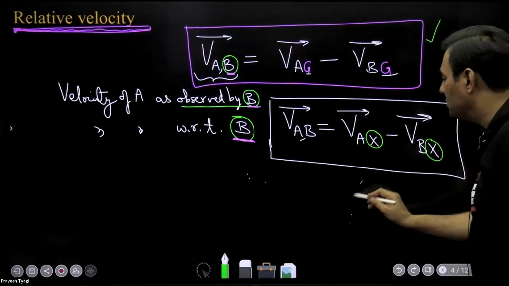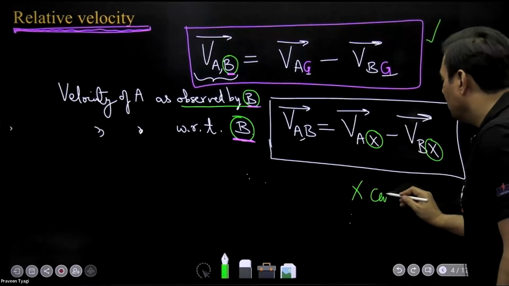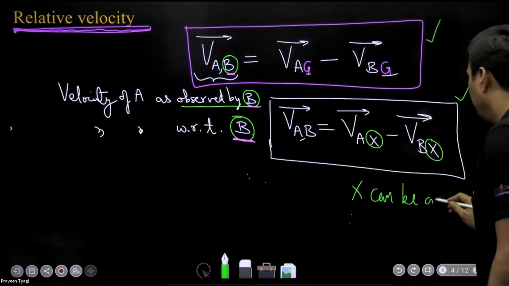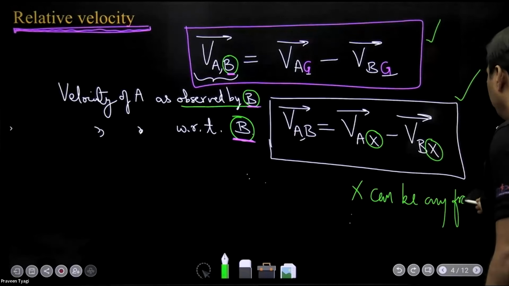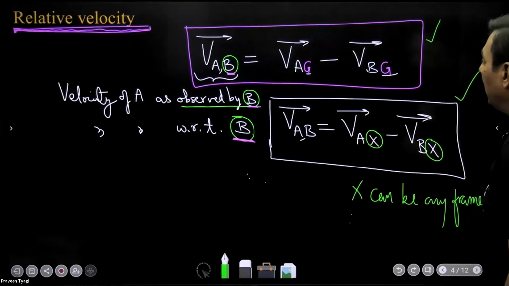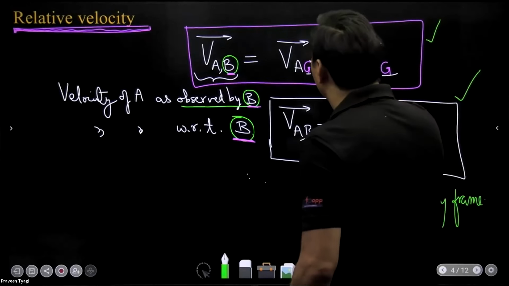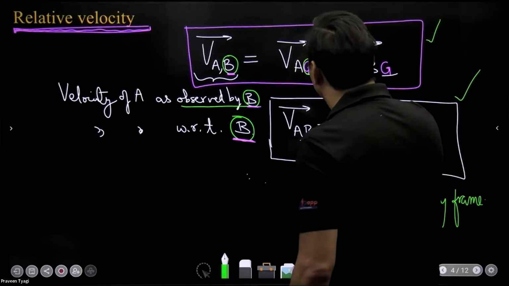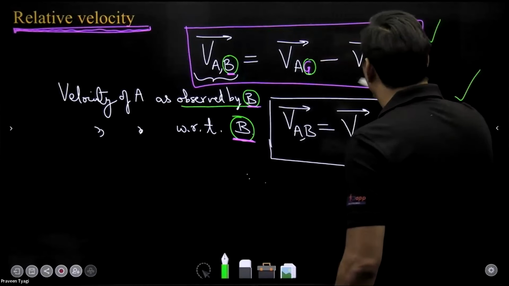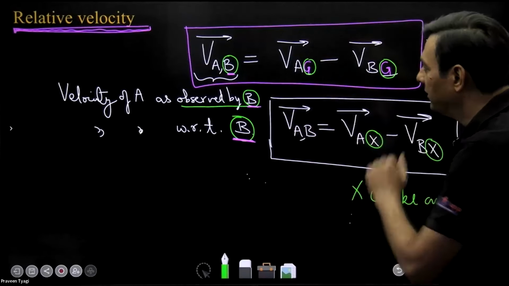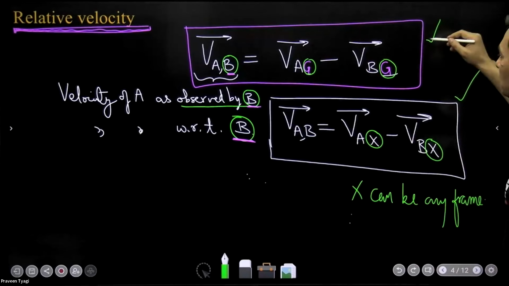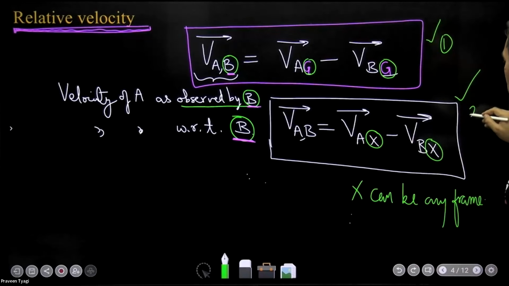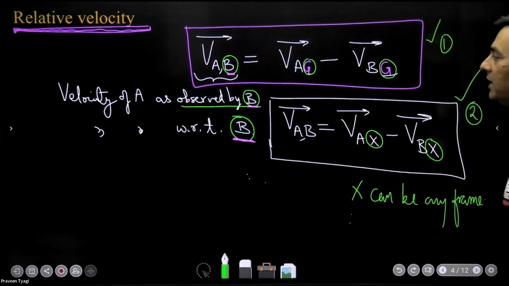X can be any frame or observer. And when nothing is said, we assume that the observer is on the ground. Now, if you have understood these two equations, this chapter begins.